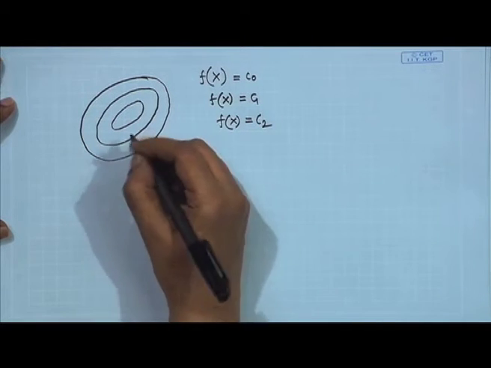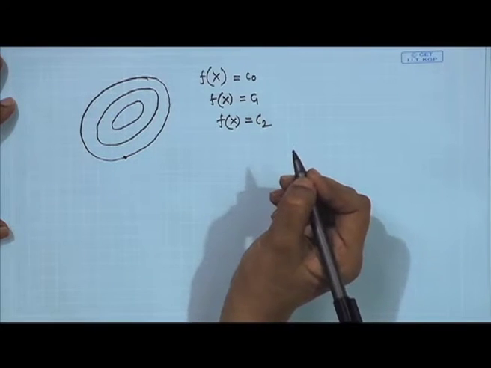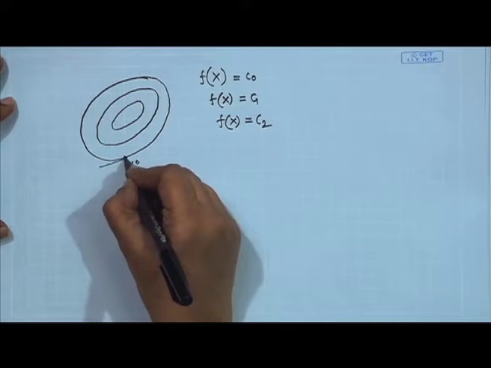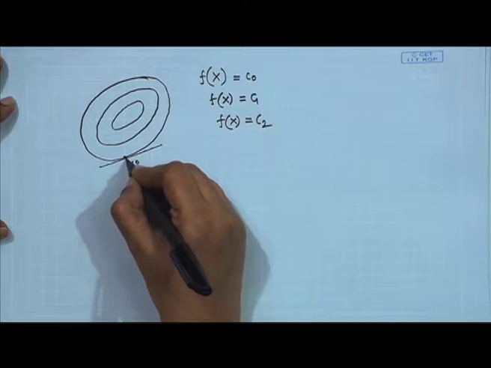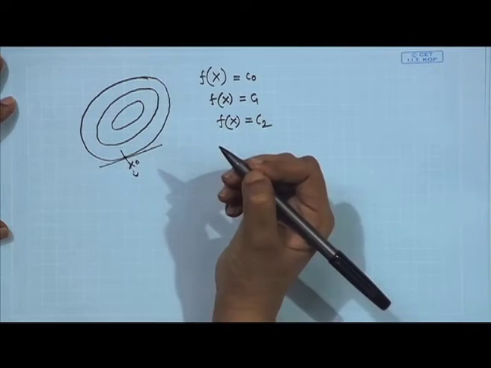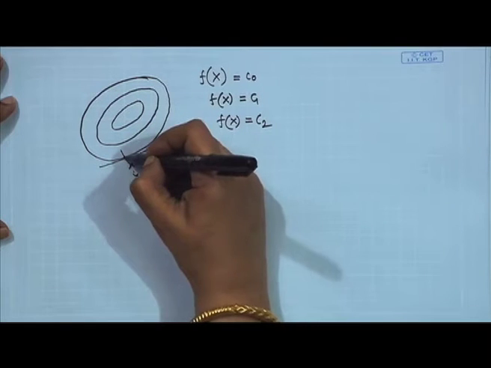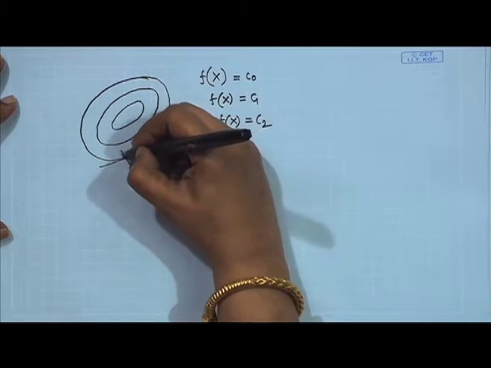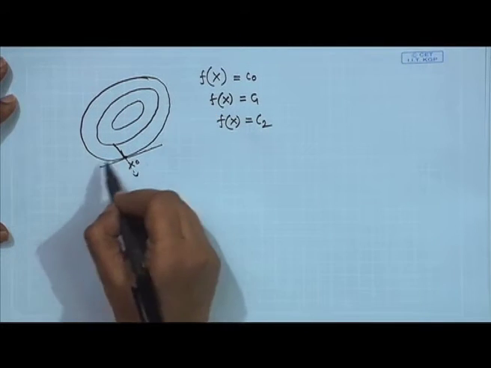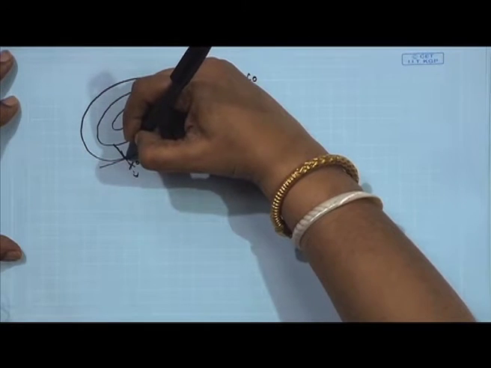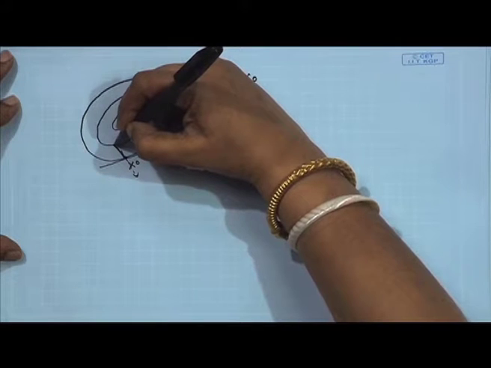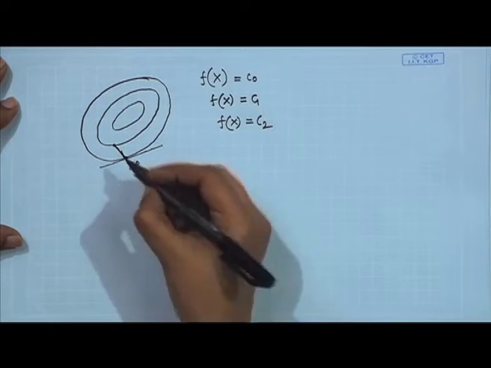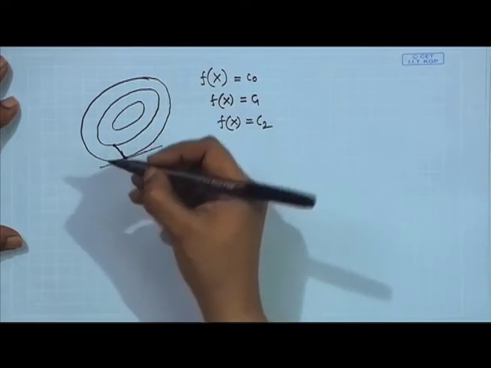If we consider the initial guess point is here, then this is my x naught. If I take the tangent at this point, then this direction is the gradient direction and this direction is the negative gradient direction. Actually, the move should be at 90 degrees from here, and at this point it will touch x1, after a certain step length alpha naught.